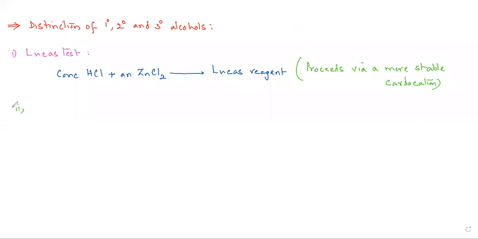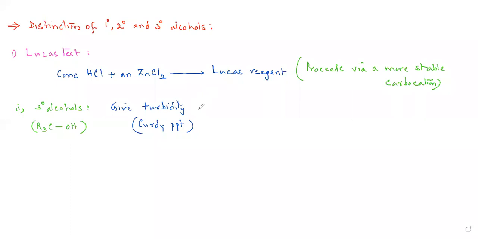when we go for 3 degree alcohol, you know, 3 degree alcohols give turbidity. You can say muddy like precipitate, mud like, or you can also say curdy precipitate, curd like.